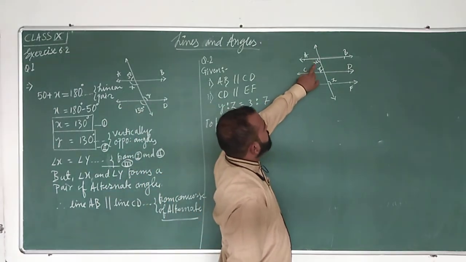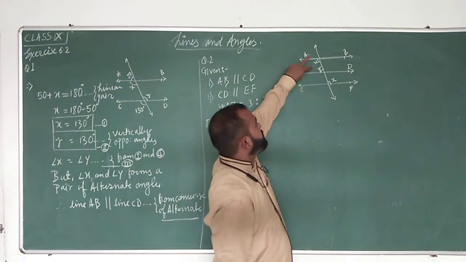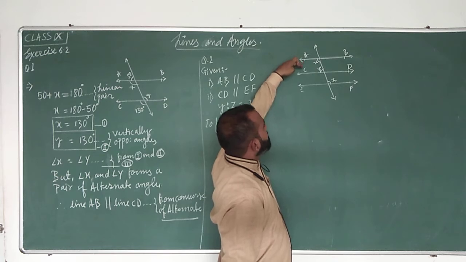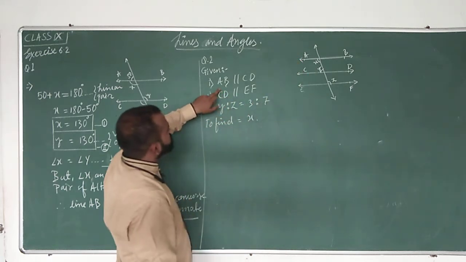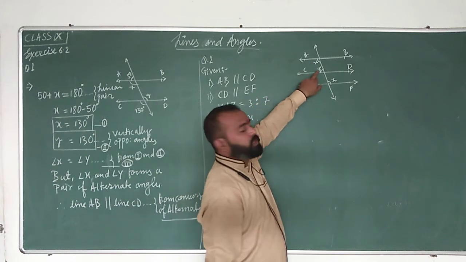Now we know X forms a linear pair, co-interior, with Y. For that we need AB parallel to CD. Is it given to us? Yes, AB parallel to CD. But we don't know the value of Y also.